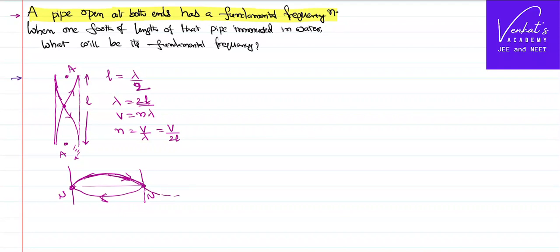If that wave has to complete, there shall be a trough also. The length of this crest plus this trough together is called wavelength lambda. But this is only half of that wave. That's why the distance between node and node or antinode and antinode is only lambda by 2.